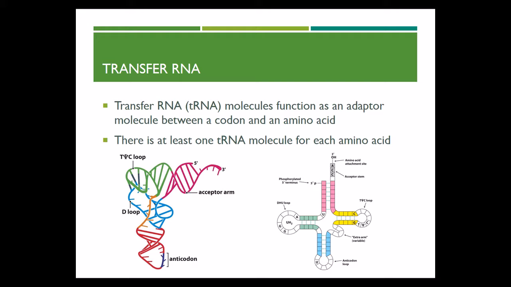A bacterial cell will contain roughly 30 to 40 different transfer RNAs, and a mammalian cell could have as many as 150 different types of transfer RNA.